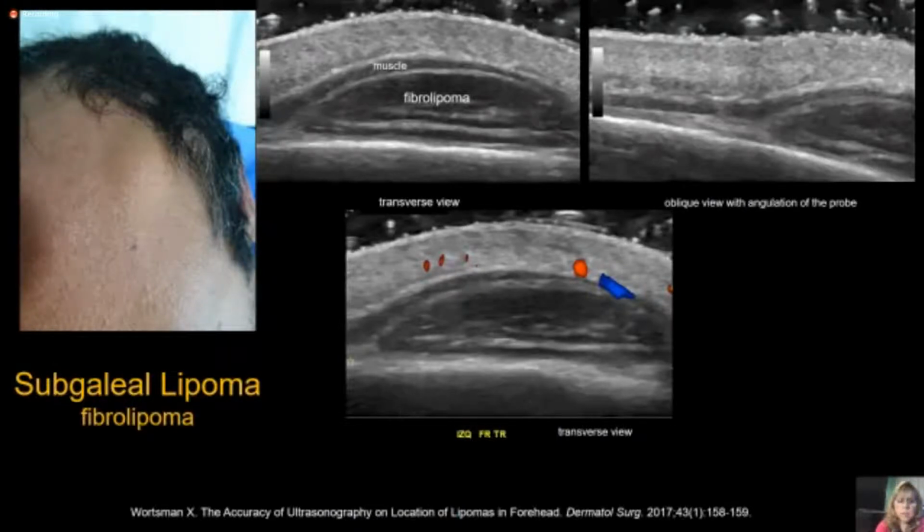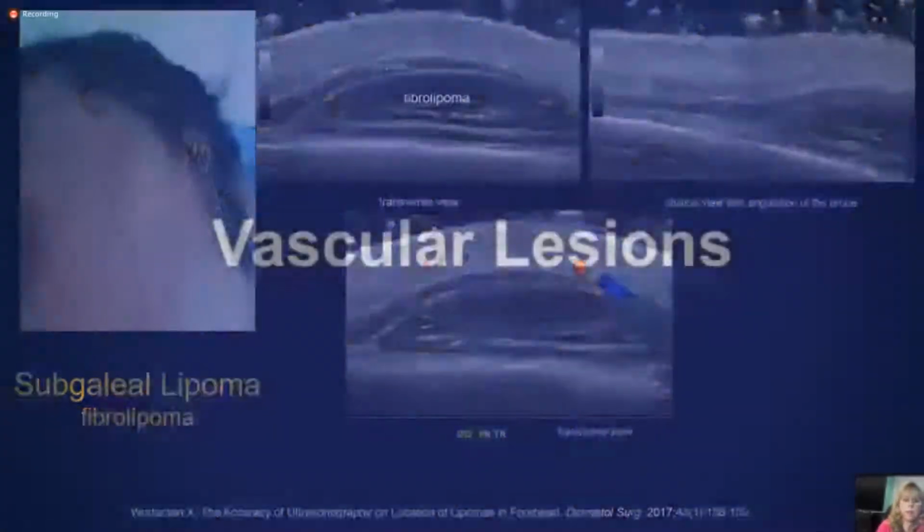Why is it important to tell that this subgaleal lipoma has this location? Because when this patient goes to surgery, if the lipoma is located in the subgaleal region, the surgeon will not see the lipoma. So it is very important to describe the location.